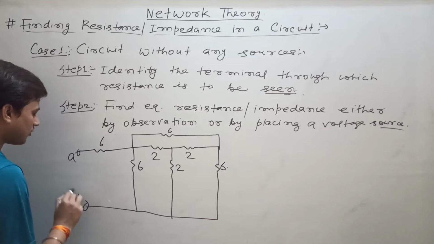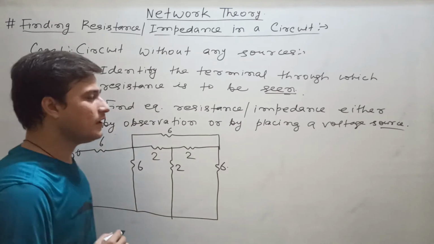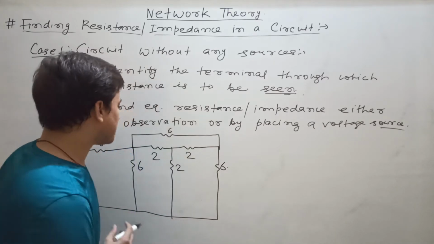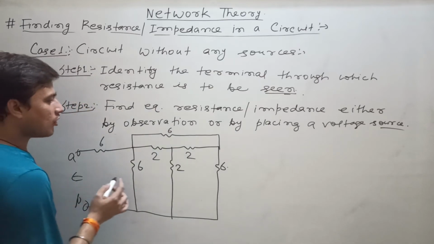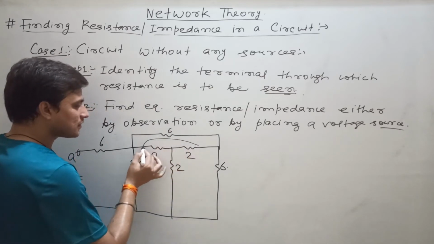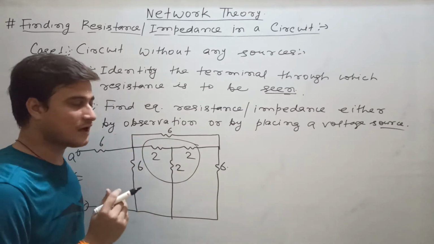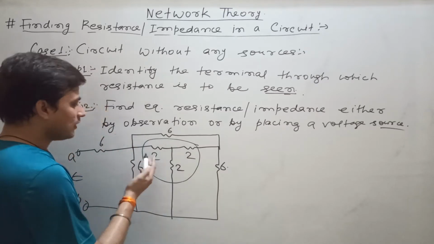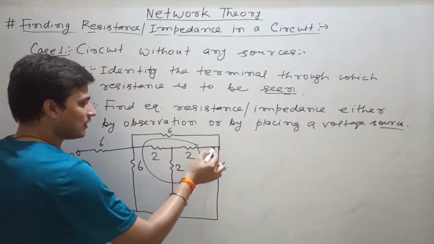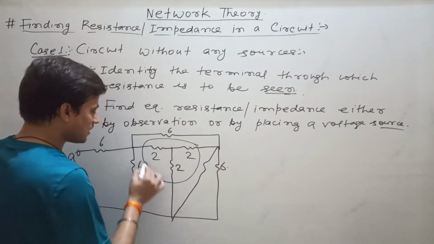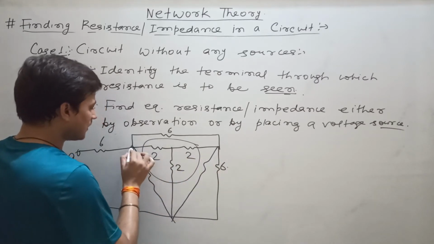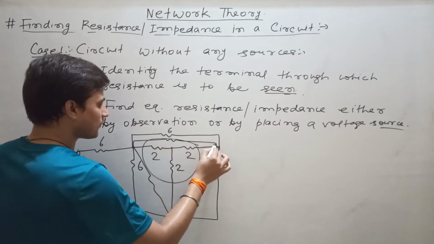You have to find the equivalent resistance seen through AB terminal. So see this circuit. Now here you can observe that this part is connected in star. If the part is connected in star, so what will you do? We'll try to convert it into delta. So delta means this resistance, and there will be another resistance, this one.